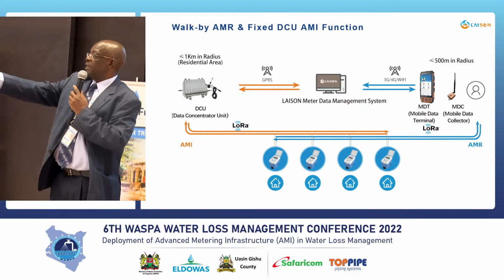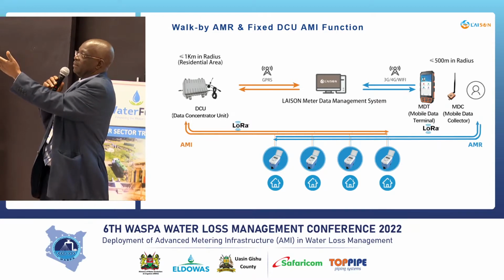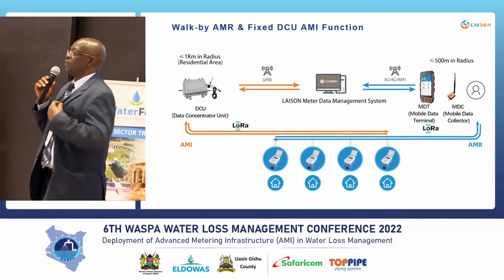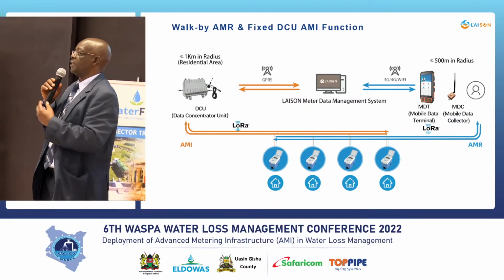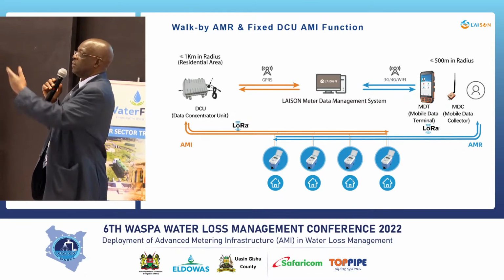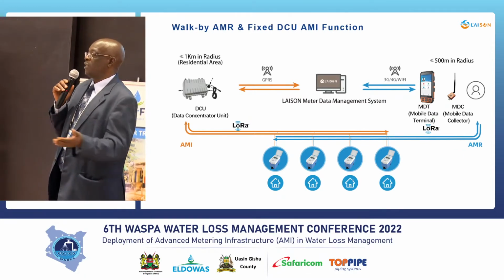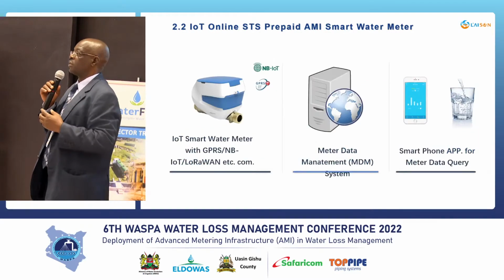You can also drive in, and all the data is collected by the data concentrator units, and they send it to the center in the Liaison data management system, and you will see what is happening in the field as somebody walks.